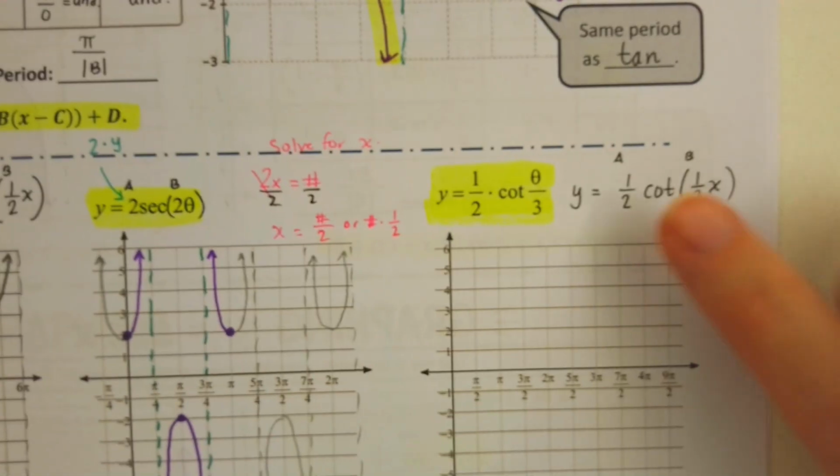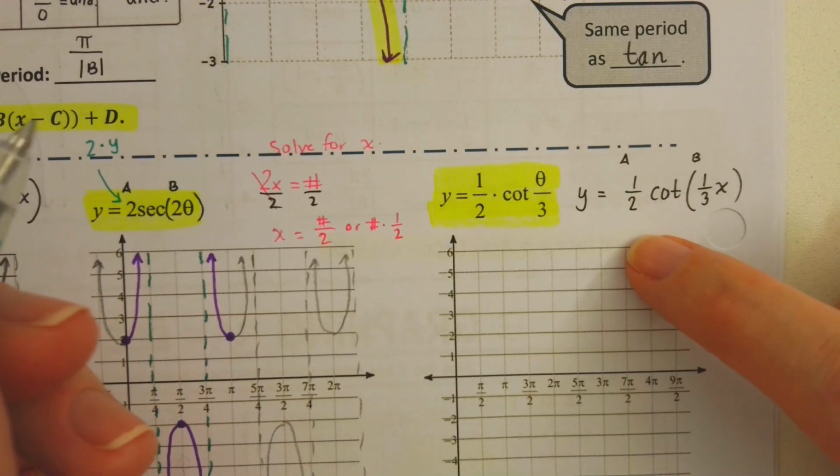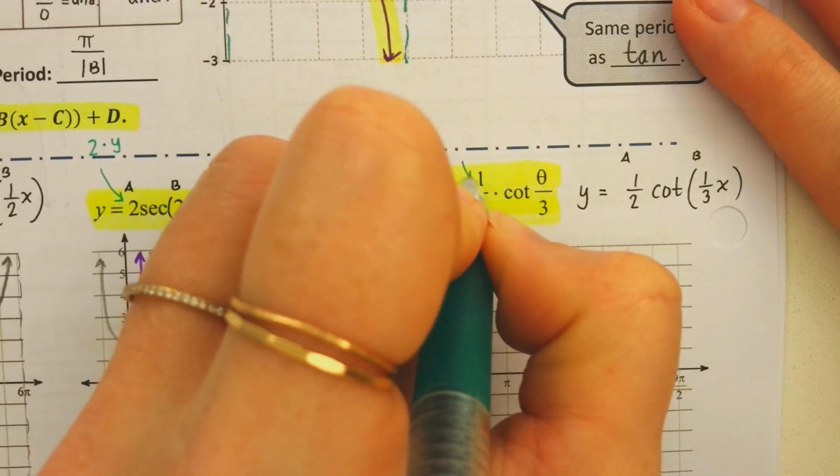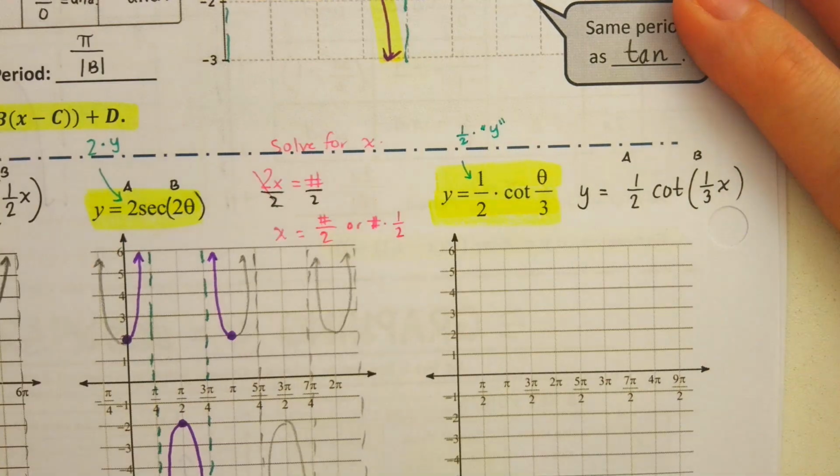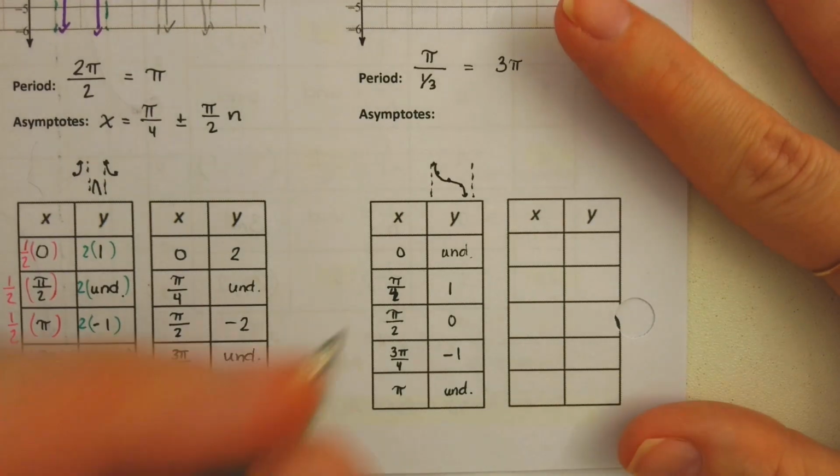Starting with what's outside the parentheses, I have 1/2 outside. So we're going to do 1/2 times the y's. Going down the y column on my table, everything times 1/2.